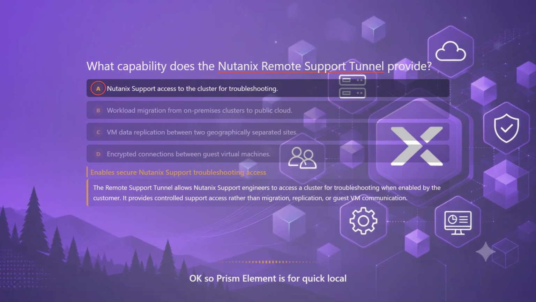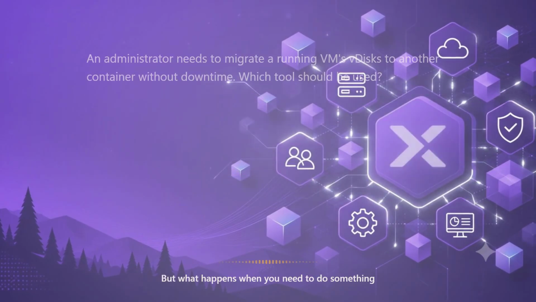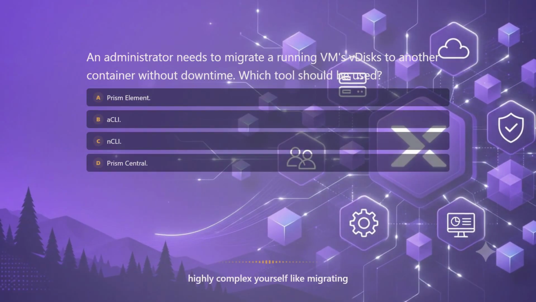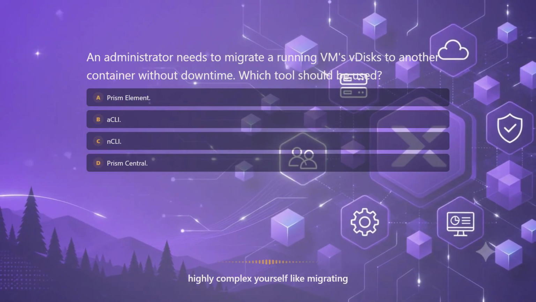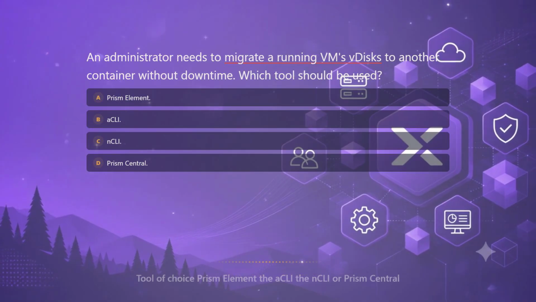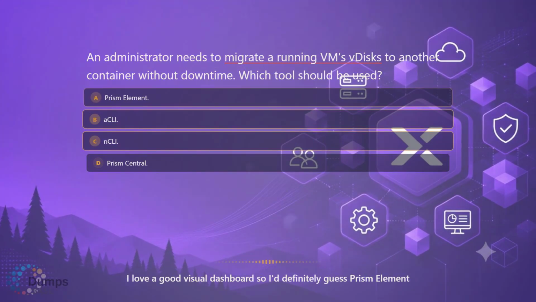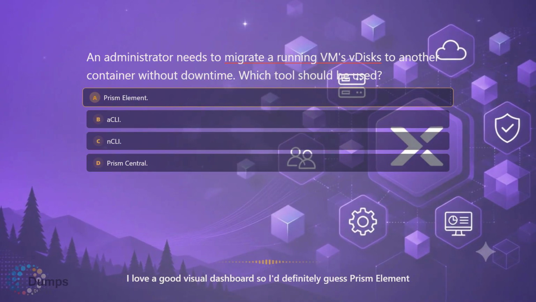Okay, so Prism Element is for quick local fixes, and the support tunnel gets you outside help. But what happens when you need to do something highly complex yourself, like migrating a live virtual disk to another container without dropping the connection? Tool of choice: Prism Element, the ACLI, the NCLI, or Prism Central? I love a good visual dashboard, so I definitely guess Prism Element.